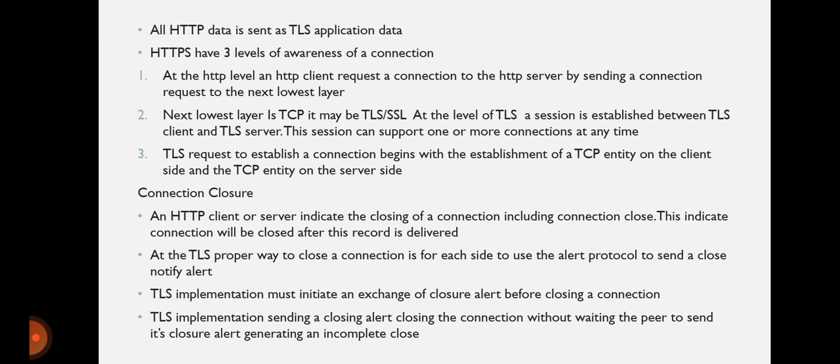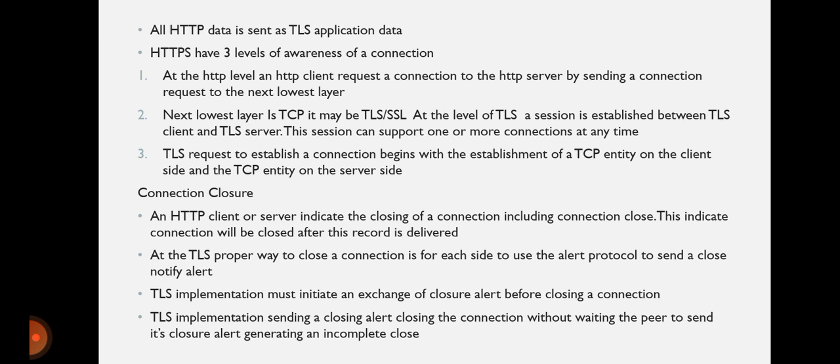This session can support one or more connections at any time. A TLS request to establish a connection begins with the establishment of a TCP entity on the client side and a TCP entity on the server side. This is the process of how the connection is established between client and server.